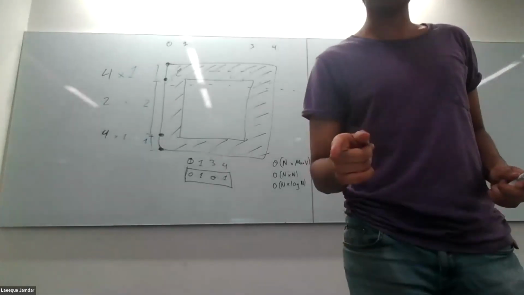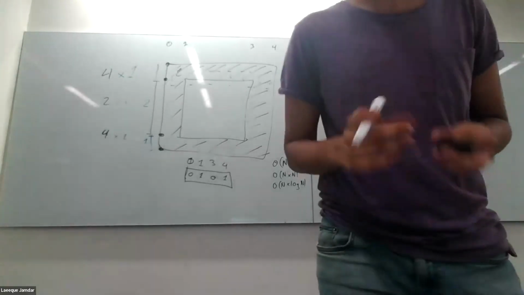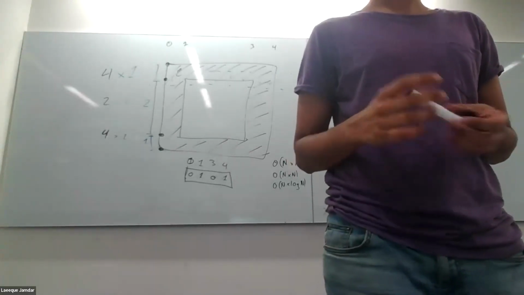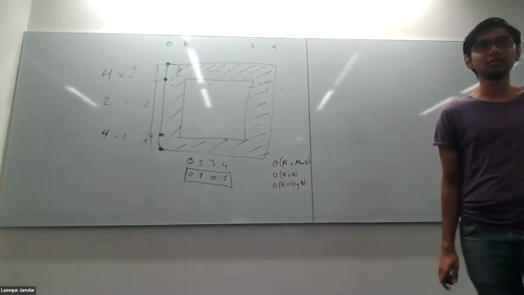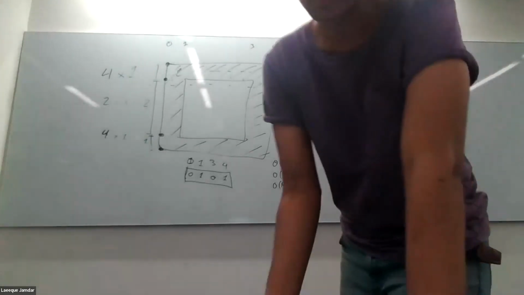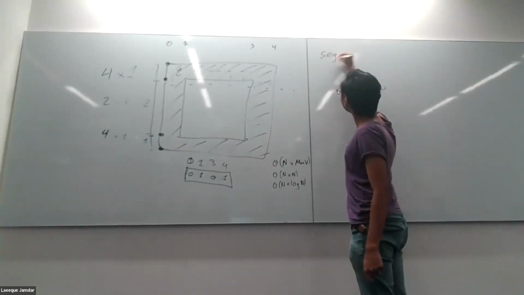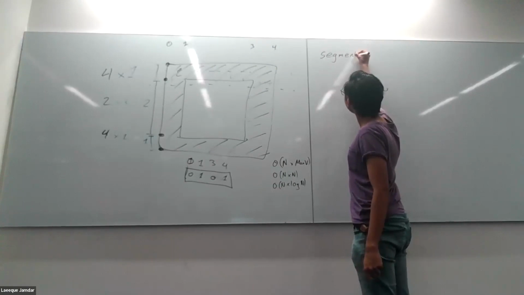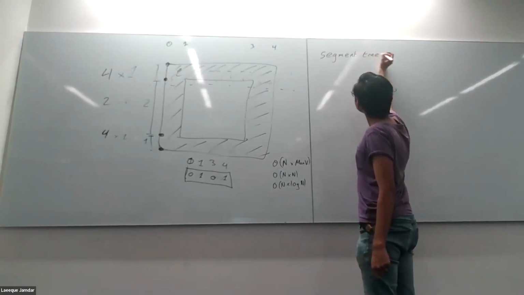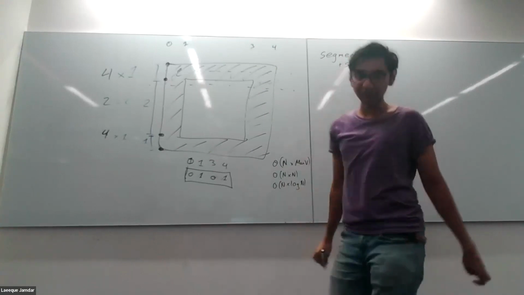I posted it in the Zoom. Any way to get it to you guys? Oh yes, we have search terms. You can search for segment tree. Also sweep line. That's relevant.